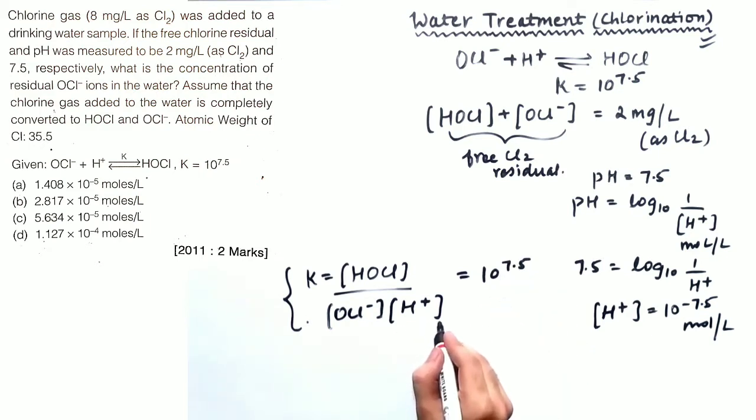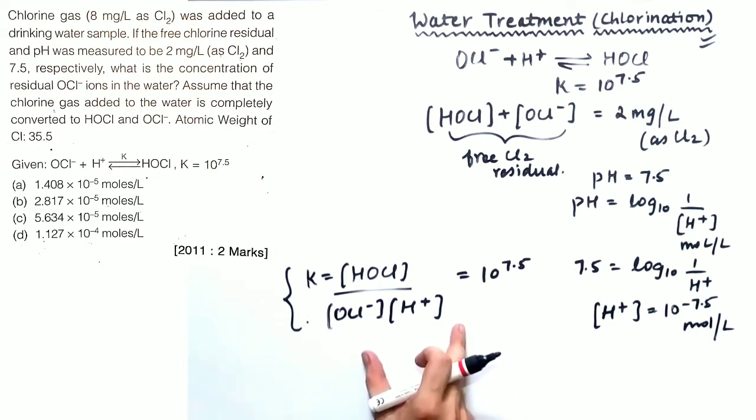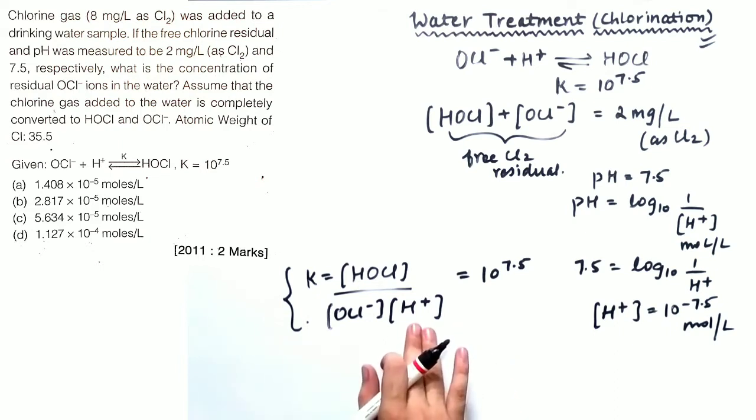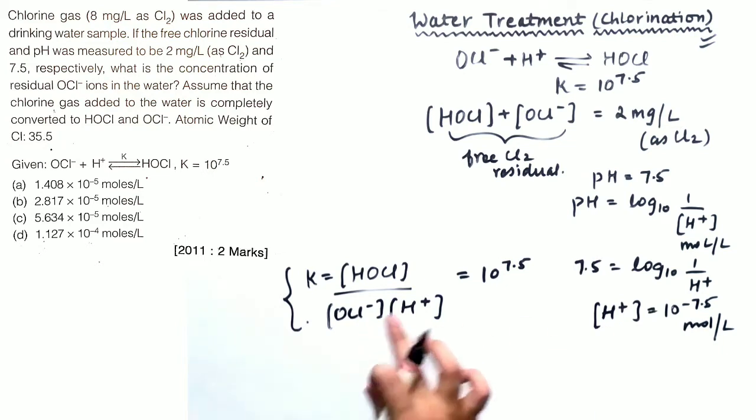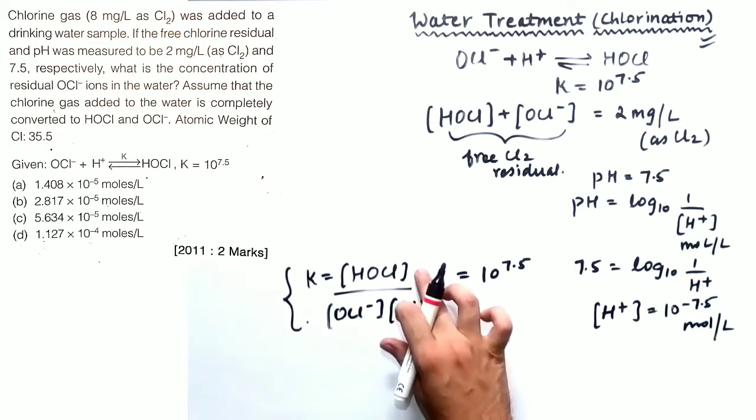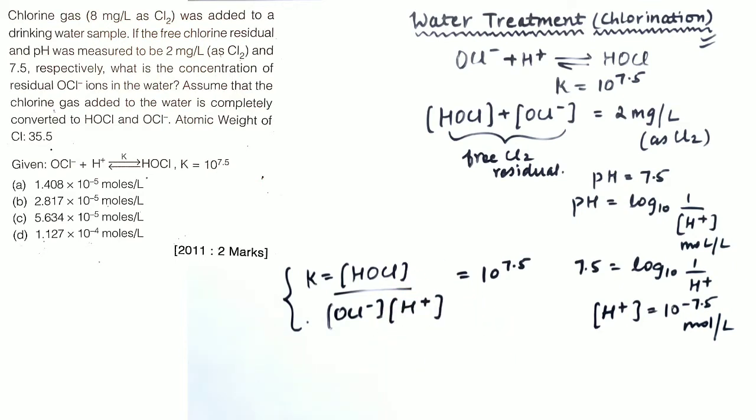You know the concentration of H positive, but remember that the units in this equation should be consistent. If H positive is kept in moles per liter, then OCl negative should also be kept in moles per liter, and HOCl should also be kept in moles per liter. This is the governing rule of this equation, and people make mistakes only at this particular portion in this question.